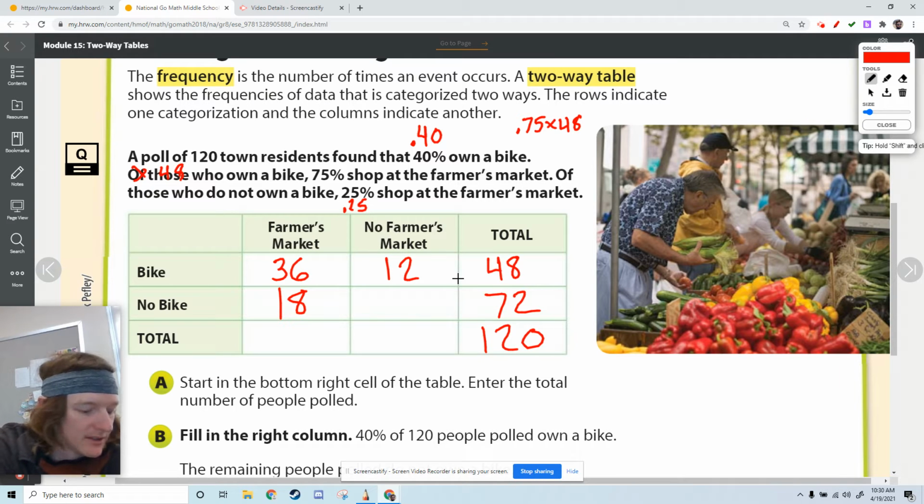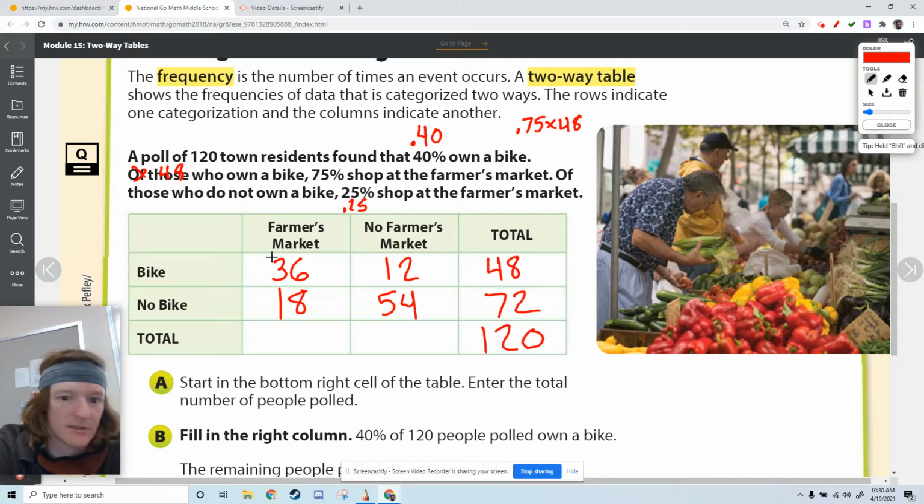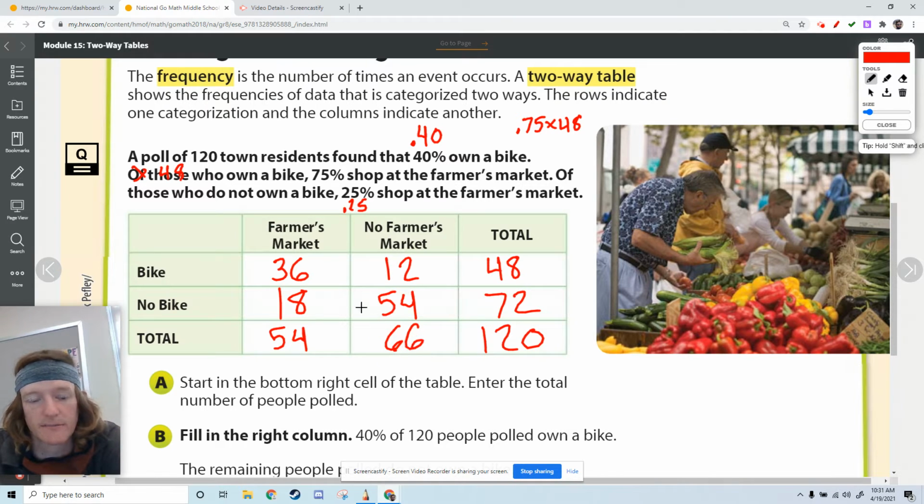And finally, 72 minus 18, we have 54 people who don't own a bike and who don't go to the farmer's market. So our total of farmer's market people, we'll do 36 plus 18, we get 54. And we have 54 plus 12, we get 66.